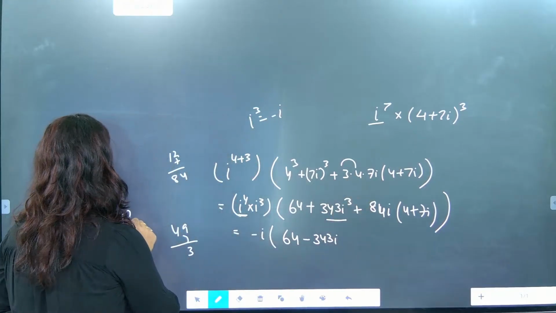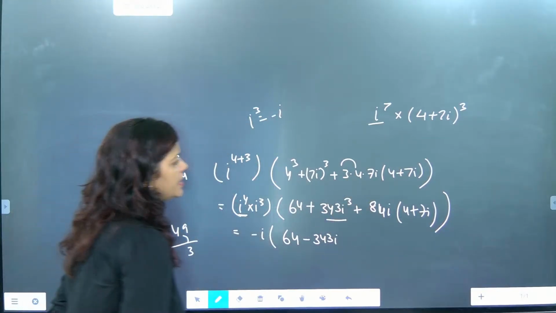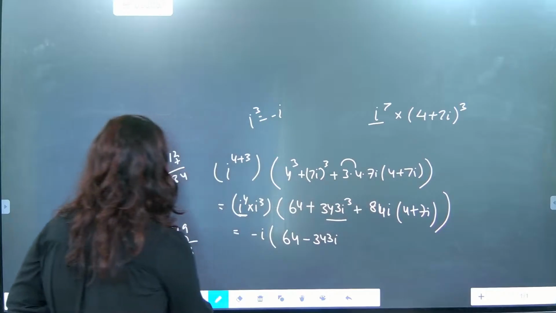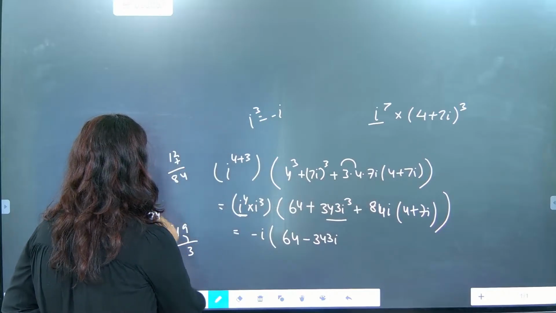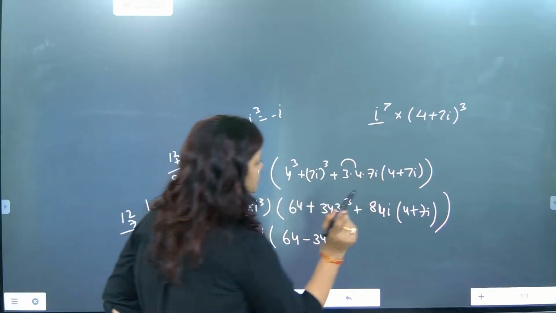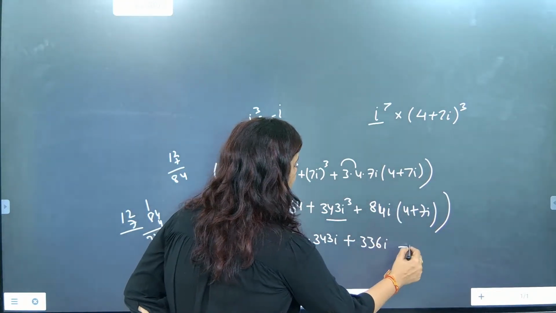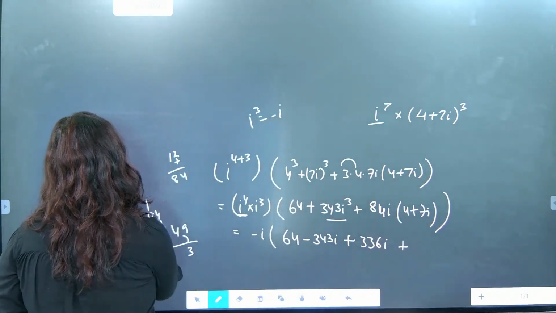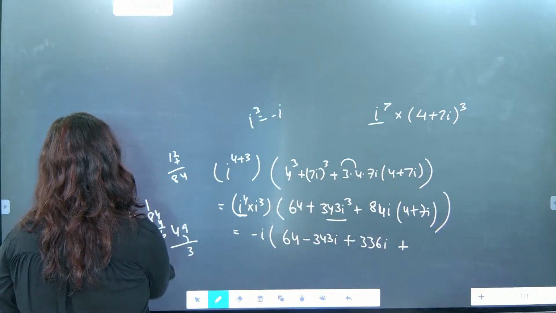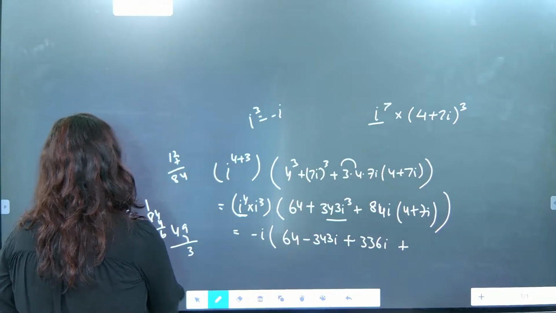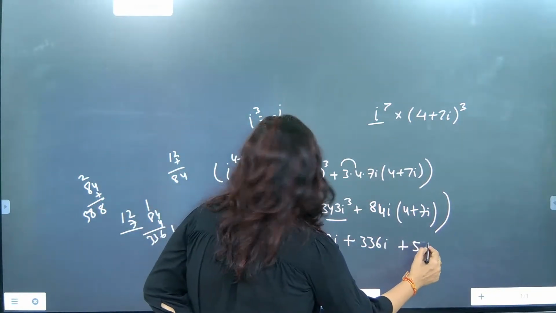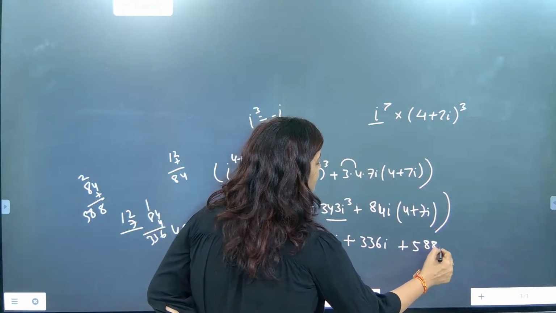12 into 7. Okay, 84 into 4 when you are writing. 84 into 4, 4 4 16, 32, 33. 336 is coming, so it will come 336I, and then here 84 into 7 when you will be doing, 7 4 28, 7 8 56, 57, 58, 588. 588 I square.